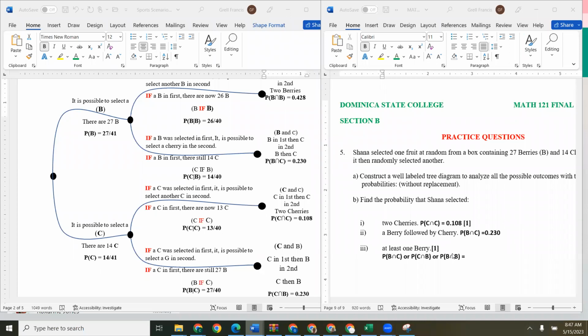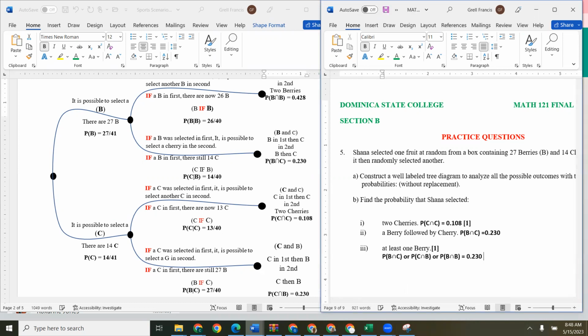So notation-wise, at least one berry would be berry in the first, then a berry in the second, or cherry in the first, then a berry in the second, or two berries. So that will be equal to berry in the first and cherry in the second is 0.230.